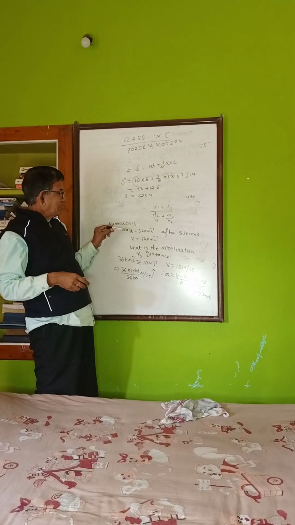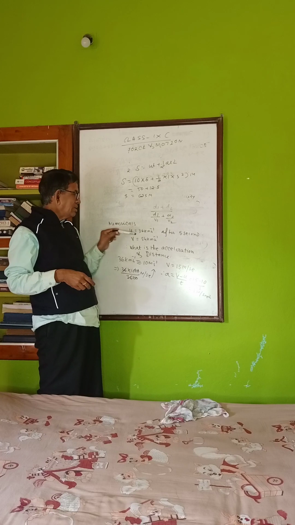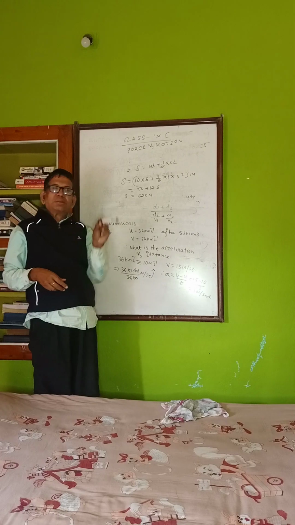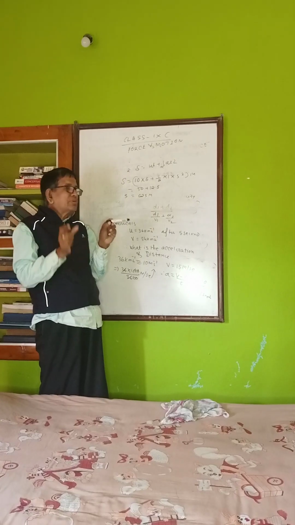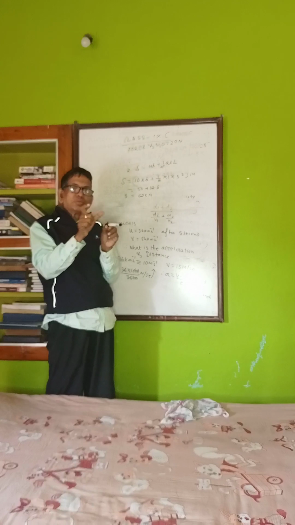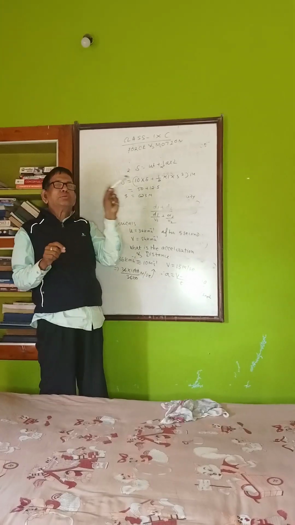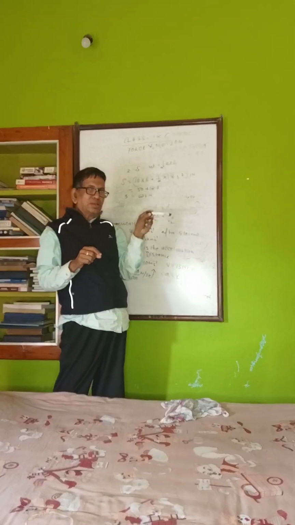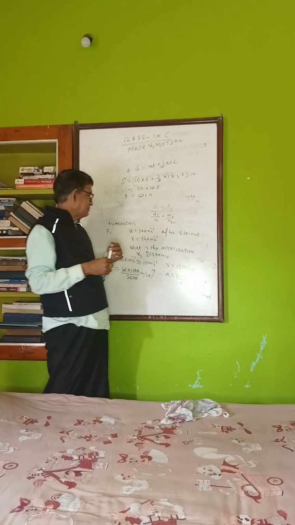Suppose if you read through the problem, again I am telling, U is given, that is 10, V is given, that is 15, time is given, that is 5. Now you ask yourself what formula should fit with the available data. You see the first formula, V equal to U plus AT, that is V is given, U is given, T is given. So A you can obtain easily.